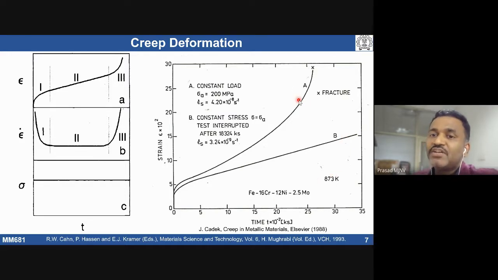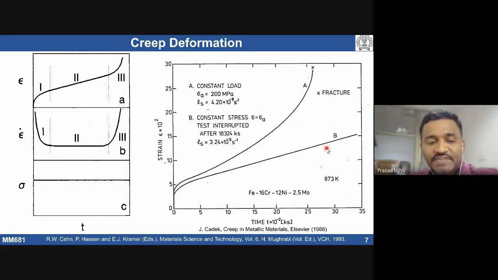But under constant load, early tertiary creep gets initiated much earlier. Can anybody say what the reason for this is?